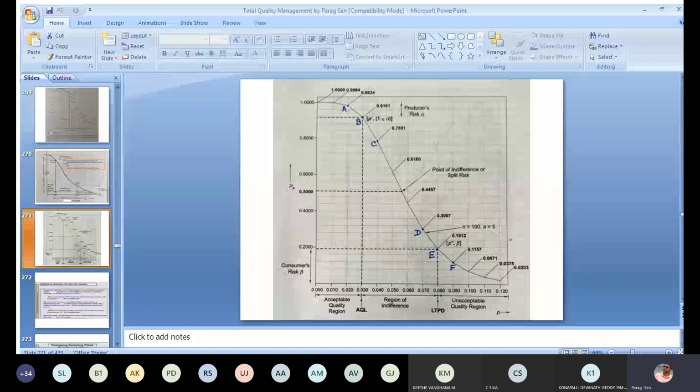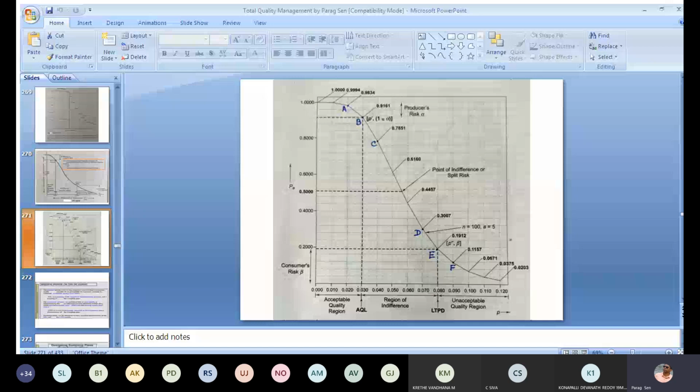But you have collected the sample in such a way by chance that you have found defective items in that particular sample greater than your acceptance number. So what will happen? You will actually reject the lot. So a good lot will be rejected.